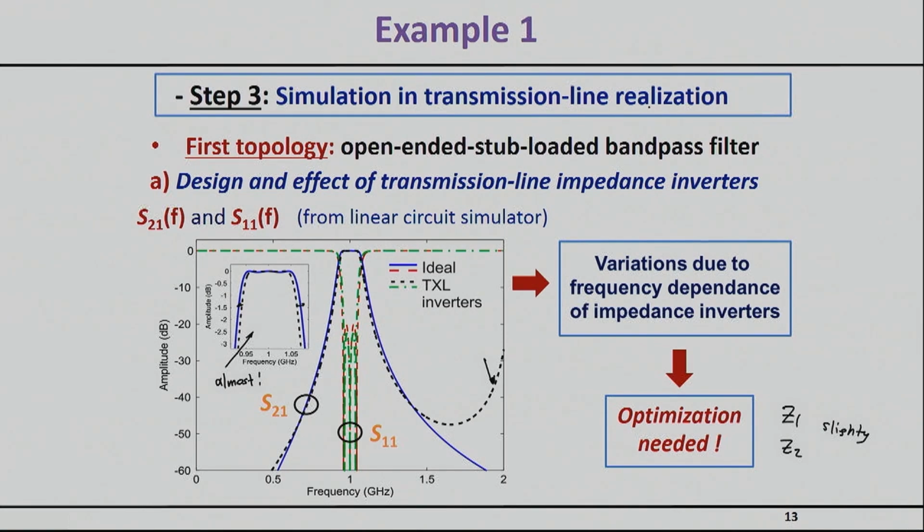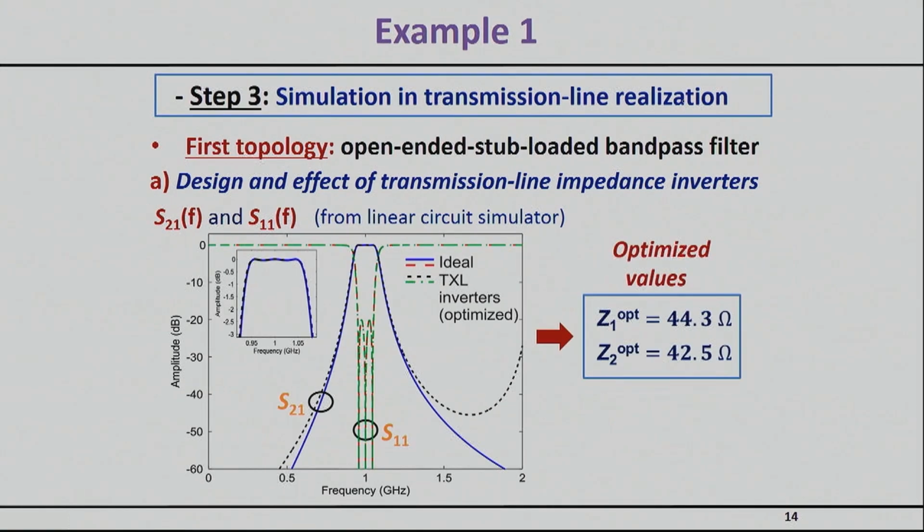So this slight change of Z1 and Z2, if you decide to do it, will basically give you these new values of 44.3 ohms and 42.5 ohms. And now, if you do the resimulation of this, you will get basically an exact bandwidth to what you need. Maybe it's a little bit too extreme to focus on these details here, but I'm just trying to show you every question that you may have as you go through.